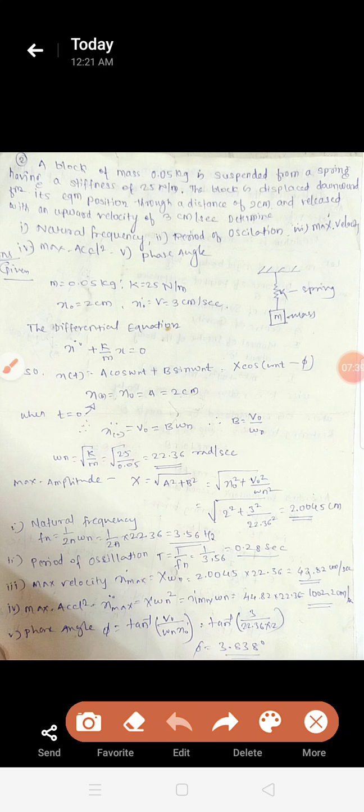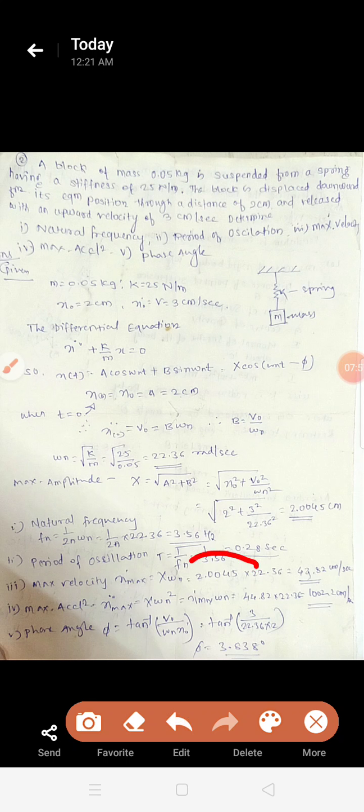We know fn is 3.56 hertz, so 1 divided by 3.56 is 0.28 second.